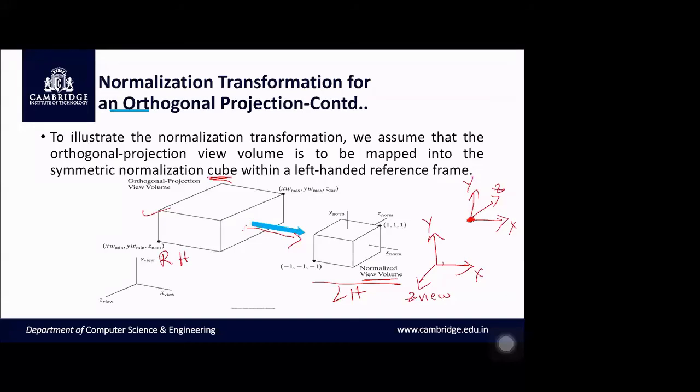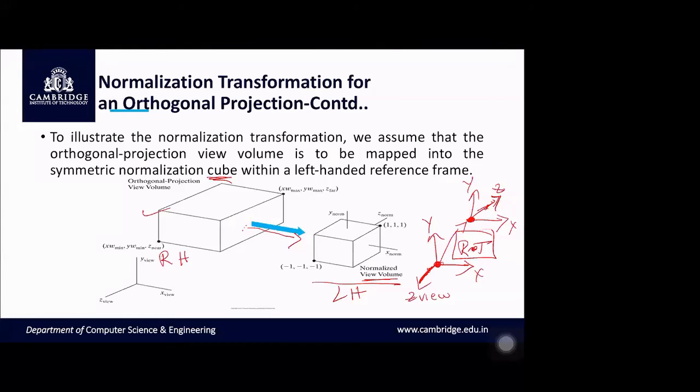I need to translate this origin first to this, right? Then once I translate, if I want this Z to come on this plane, then I have to rotate. Or vice versa: if you want this kept here, translate, and this Z to be rotated to this direction, then you have to rotate. So this was your matrix, discussed in the last class. Hope you remember that.